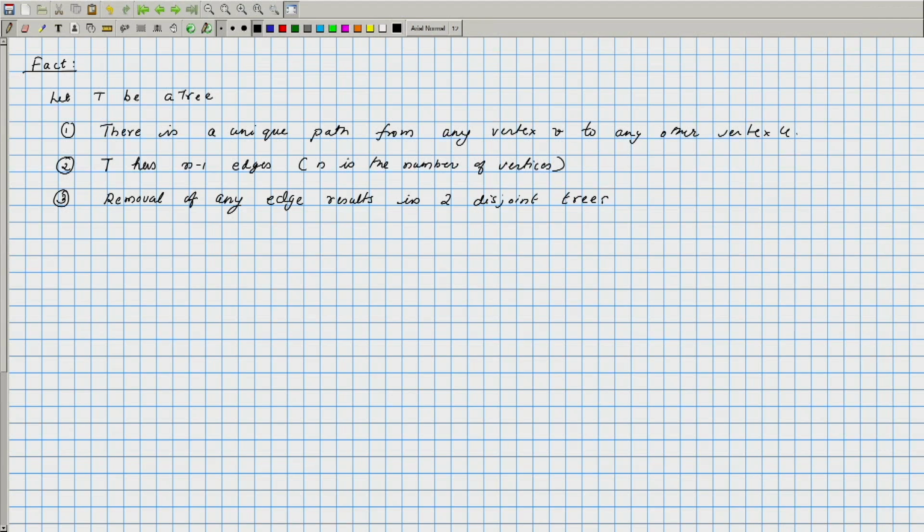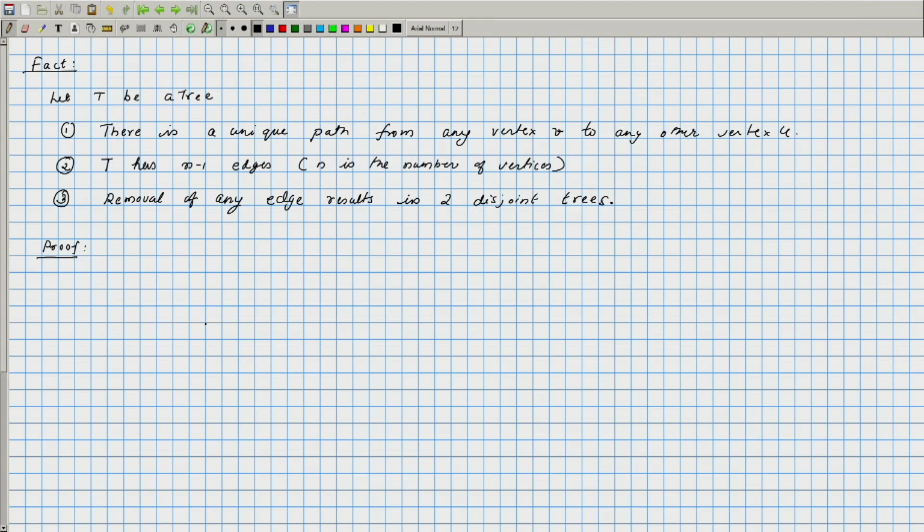Okay. So, if you take a tree and remove one edge from it, you will get another graph which will have 2 connected components, and both those connected components will themselves be trees. Okay. So, we will quickly see a proof of these facts.